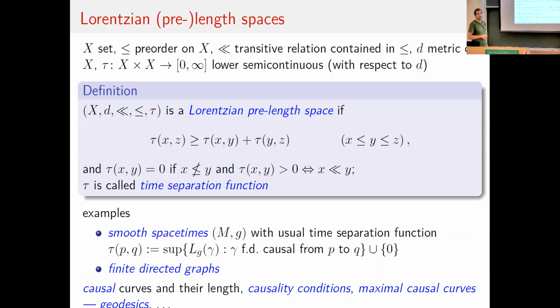Actually, everything I said here, you could do without the D. I haven't used it yet, but my definition of causal curves is that they are locally Lipschitz continuous with respect to this D, because then you have limit curve theorems. But in principle, you could do it without that.